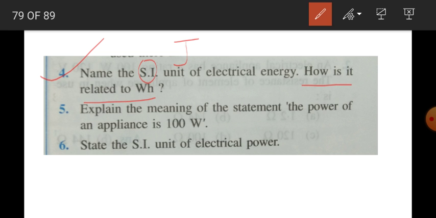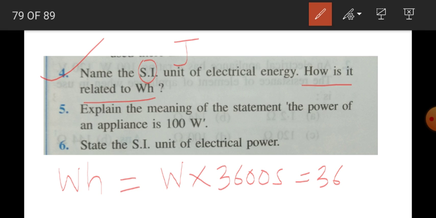So now watt hour. Okay, 1 watt. Not kilowatt, this is 1 watt. In 1 hour we know that there are 3600 seconds. So, 3600 watt second.